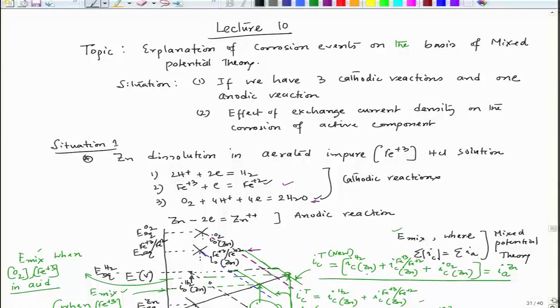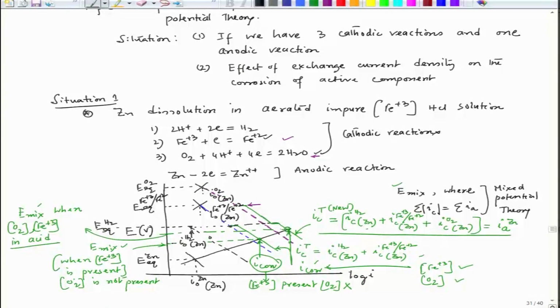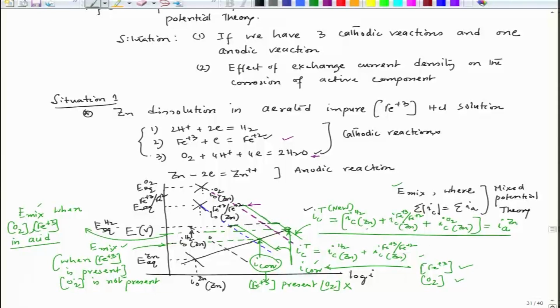So, these are the possible changes. In this case I could see that before this mixed potential line, which is basically this situation, which is nothing but E mix prime, before it meets that anodic line of zinc, it actually comes across the cathodic polarization lines of all three cathodic reactions.